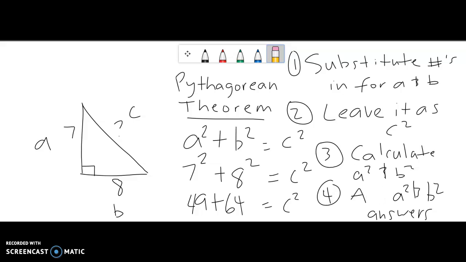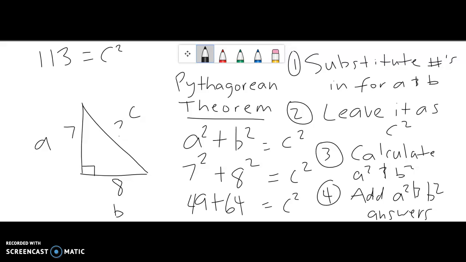Excuse my handwriting. Tough to write with the stylus here. So you're going to add A squared and B squared answers. So we did A squared, we did B squared, like it said to do on step 3. It said calculate A squared and B squared, so I did. Step 4 is you need to add those answers together. So you need to add 49 and 64 together. And I ran out of room. I'm going to go up here. 113 is what it was. So this calculation, when you added those together, adding those answers, you get 113.